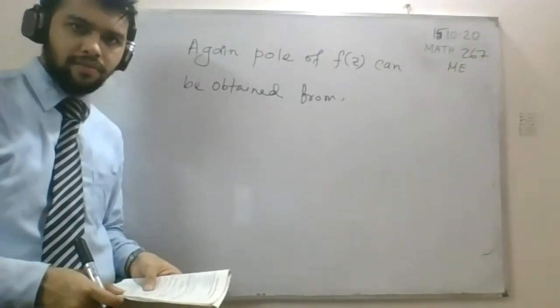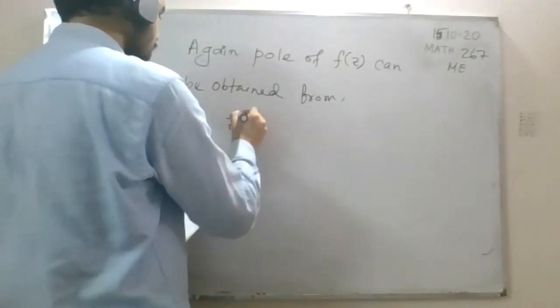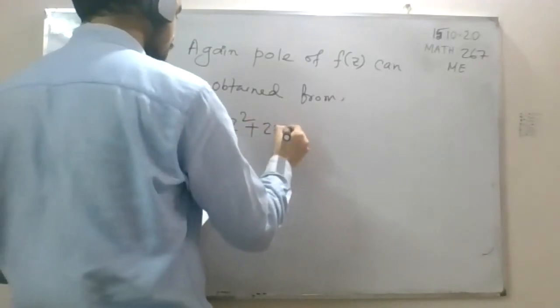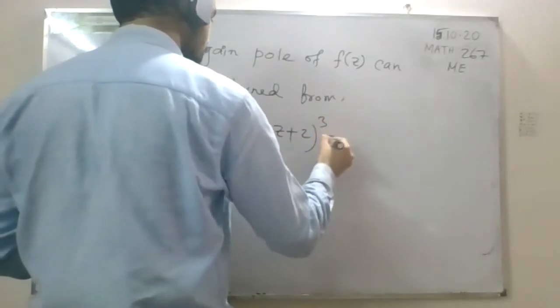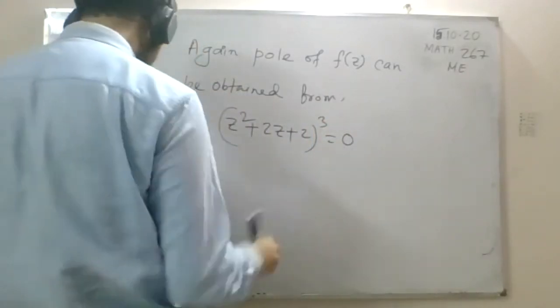Denominator is equal to 0. So here the denominator equals 0, which is z square plus 2z plus 2 equals 0.